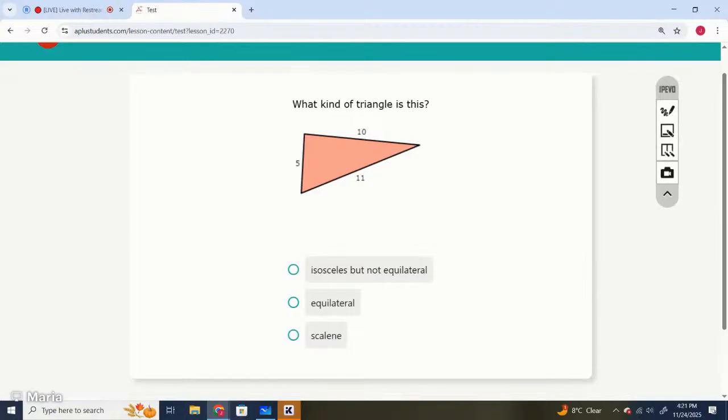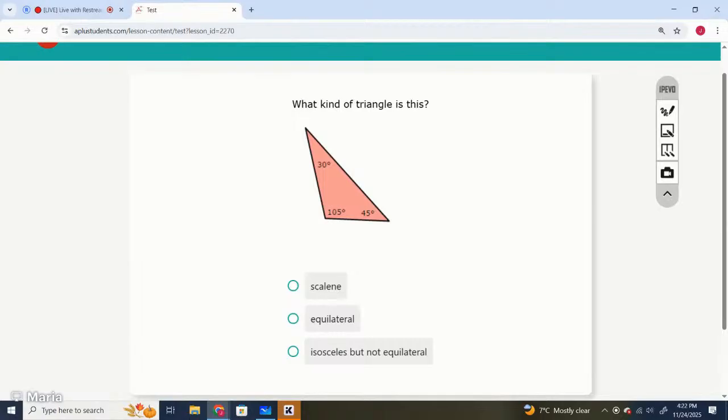What kind of triangle is this? That is the scalene triangle.